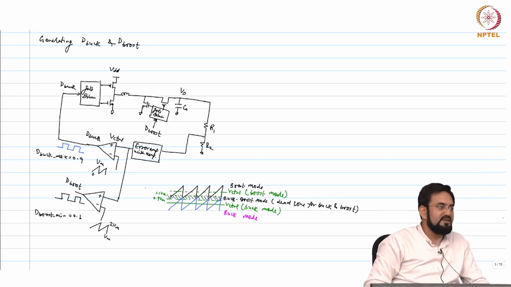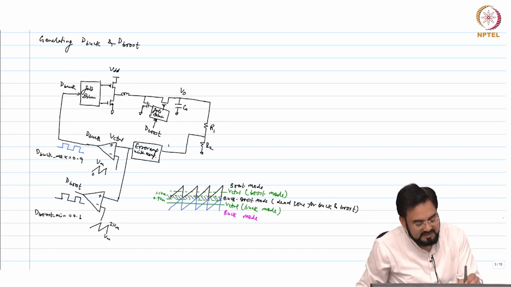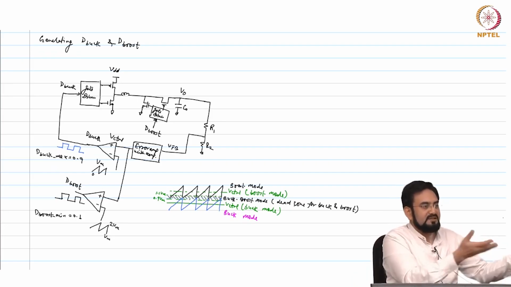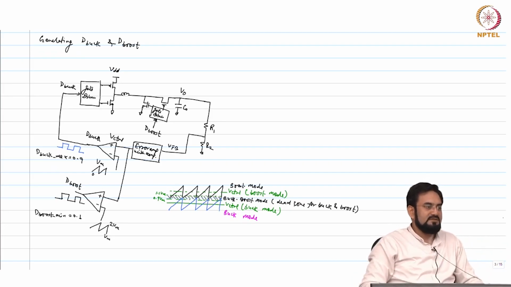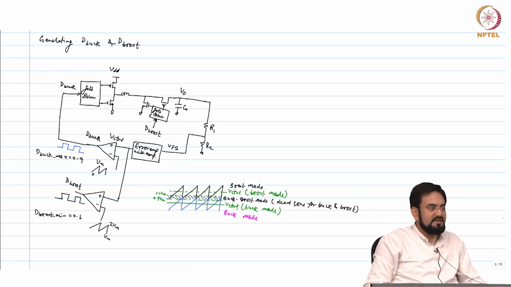Because when you saturate the duty cycle, what will happen? Your output won't be regulated. Now, if you compare V out or VFB with the Vref, and accumulate that, it will generate your code error, just like a digital LDO or any digital controller we talked about.